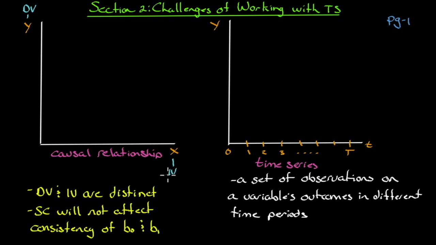So in a typical regression, where we have an independent variable identified as x and a dependent variable identified as y, we hypothesize some sort of causal relationship, or at least some sort of relationship where we can observe changes in x, and those changes help us explain changes in y.